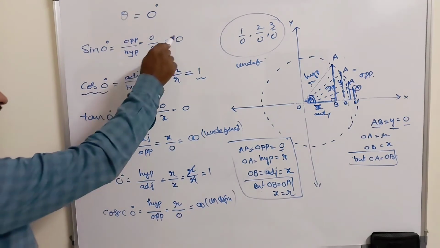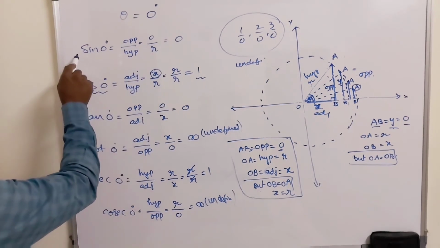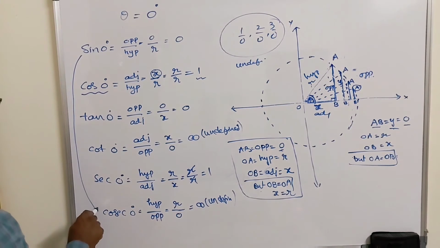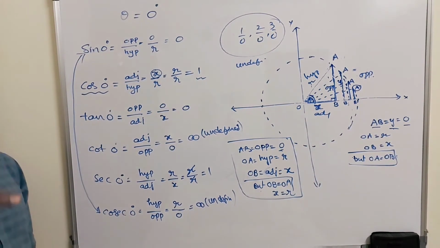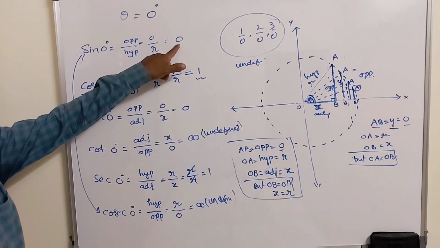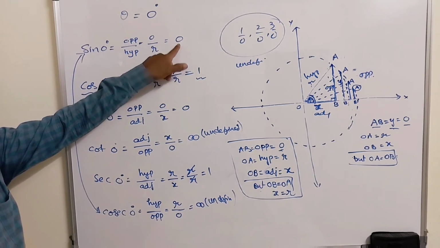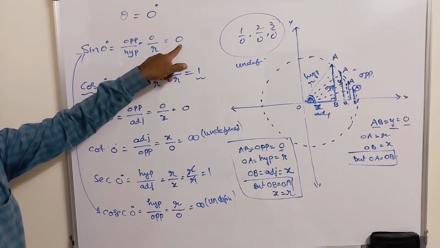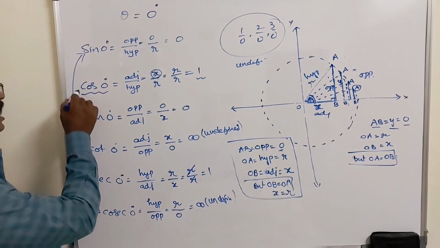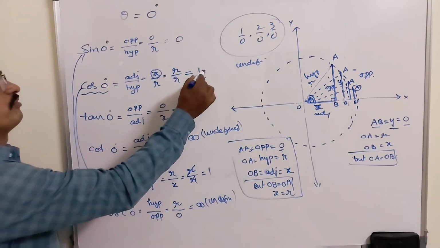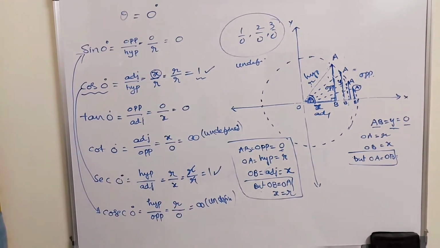See here, sine 0 degrees is equal to 0. Sine and cosecant are reciprocal to each other. That is the reciprocal of 0. If you write 1 by 0, actually 0 has no multiplicative inverse. Cos 0 and secant 0, here also 1.